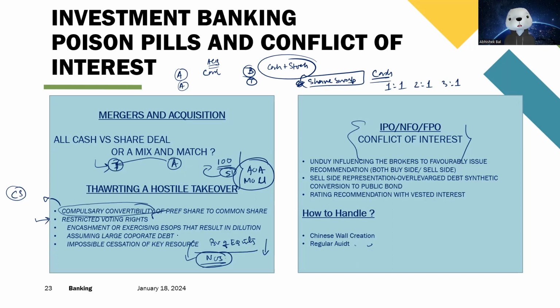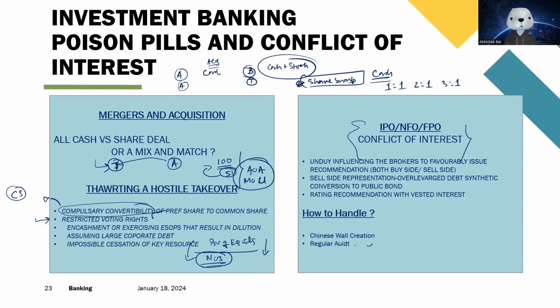Assuming large corporate debt, yes, that could also be one mechanism. If the target is completely cocksure that the acquirer is not going to leave the opportunity to rest on its laurels, and will relentlessly pursue the acquisition of the target, the target may acquire a large corporate debt, thereby burdening the acquirer post-acquisition.